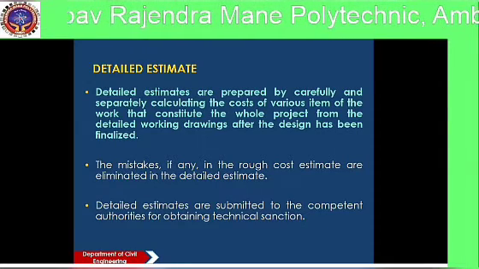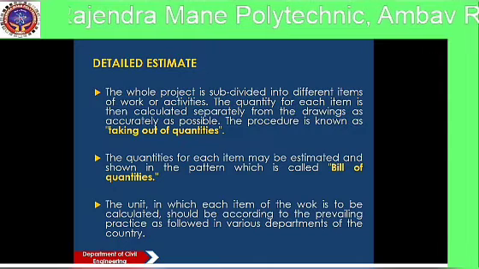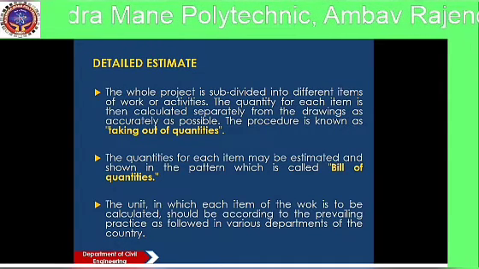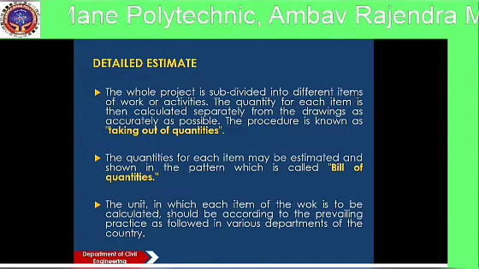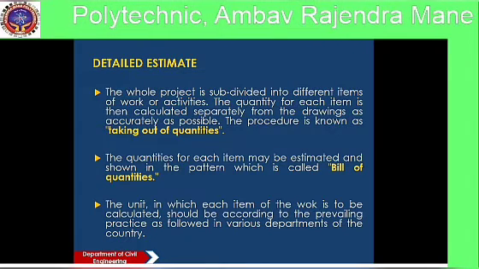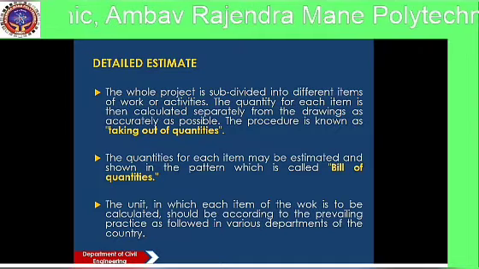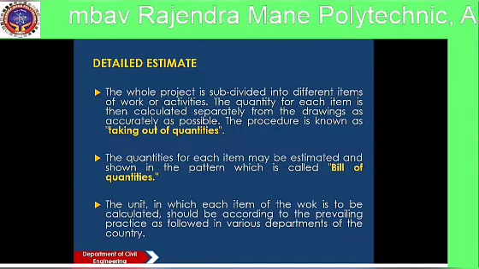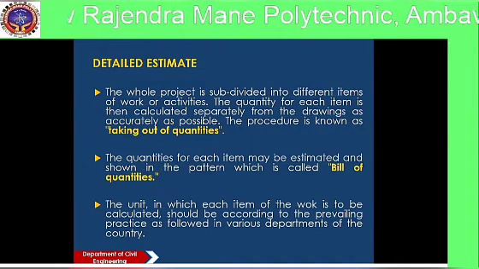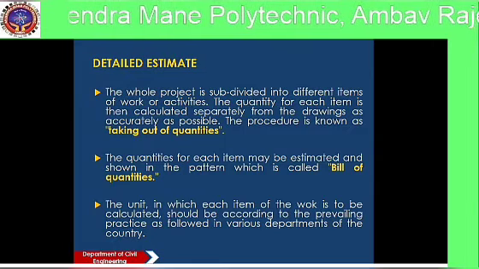In a detailed estimate, the whole project is subdivided into different items of work or activities. The quantity for each item is then calculated separately from the drawings as accurately as possible. The procedure is known as taking out of quantities.